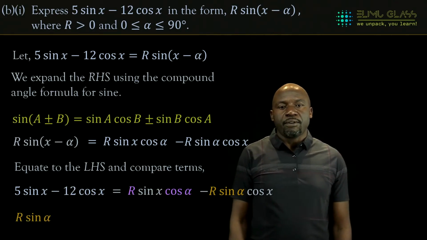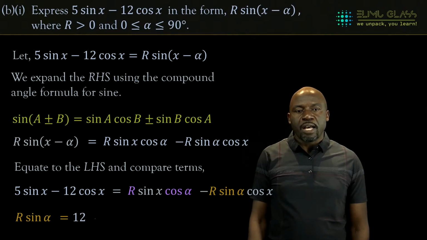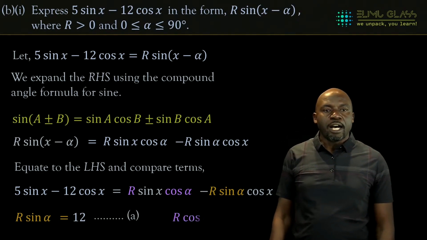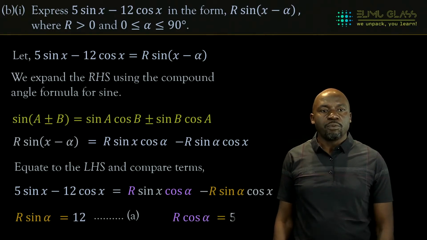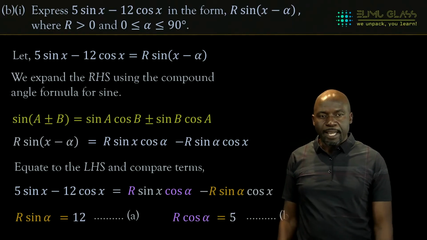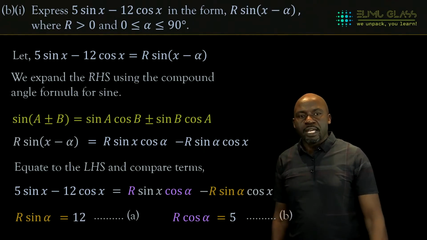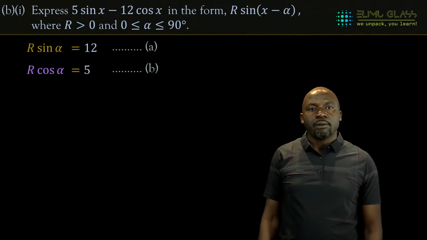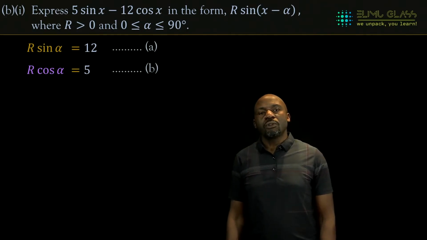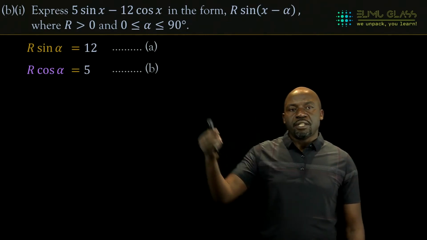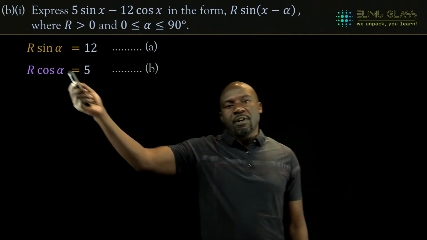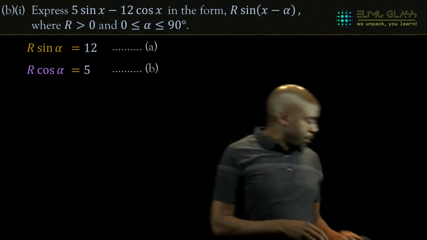All right, let's write those down. So r sine alpha is 12. I'll call that my equation 1 or equation A, and r cosine of alpha is going to be my equation B, like that. And now working with this, I can find my value of alpha and my value of r, okay? So given those two values, if I just divide equation A by equation B, then r is going to cancel.